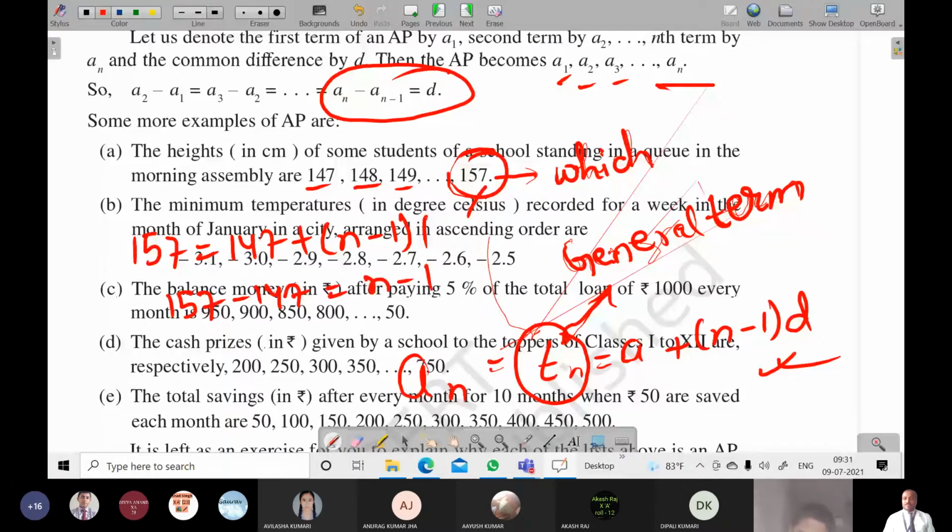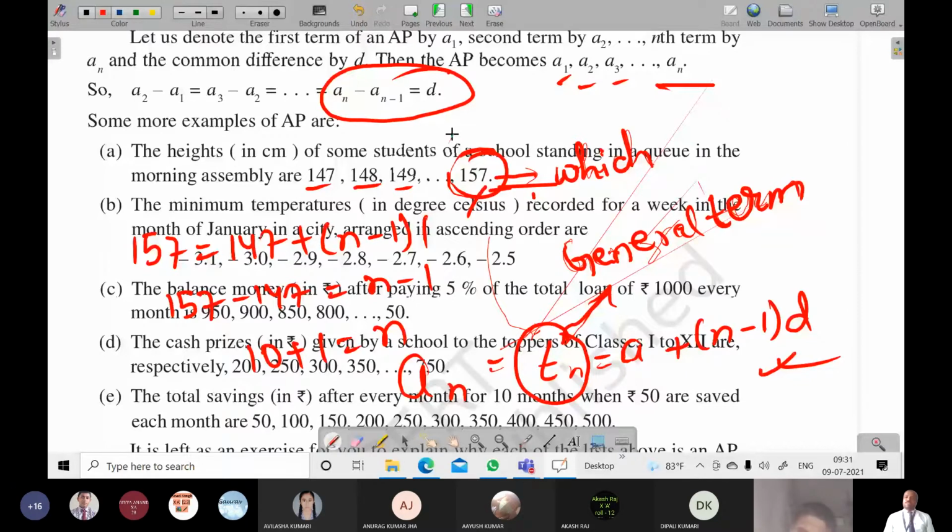That will become 10, and plus 1, so 157 is the 11th term. And when you go on writing also, 150, then 151, 152, 153, in this way if you count the terms, you will get the 11th term.